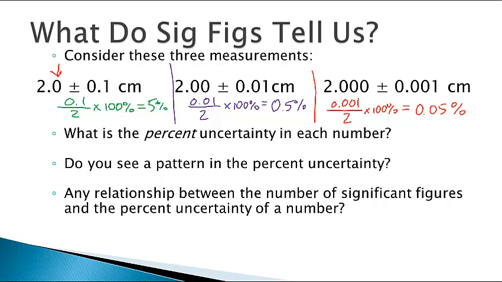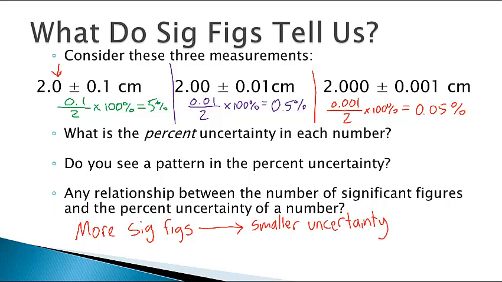So as you add sig figs, percent uncertainty gets smaller and smaller. So the more sig figs you add, the more certain you are about that number.